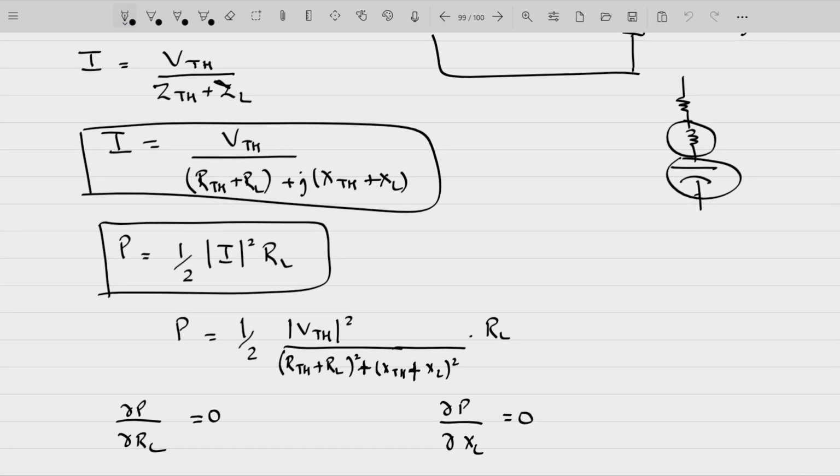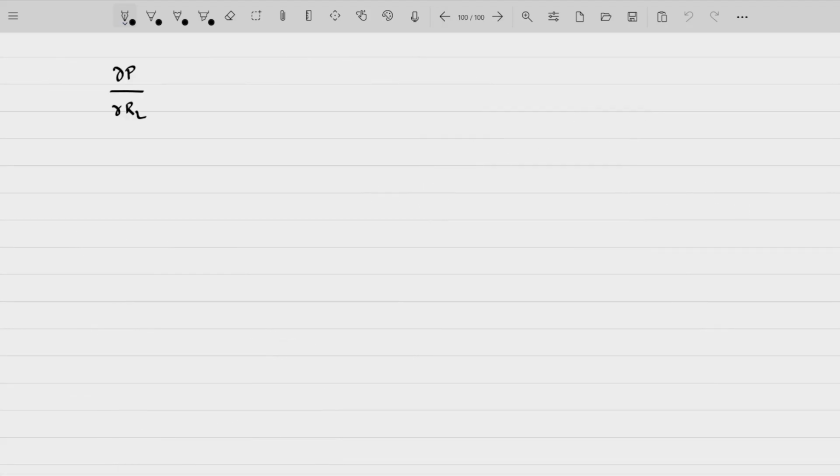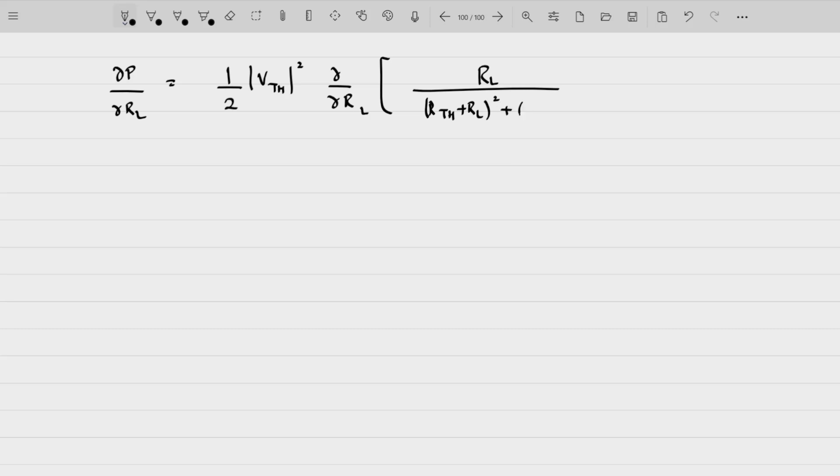So this is 1 half of VTH squared times the differentiation of RL divided by RTH plus RL squared plus XTH plus XL squared.